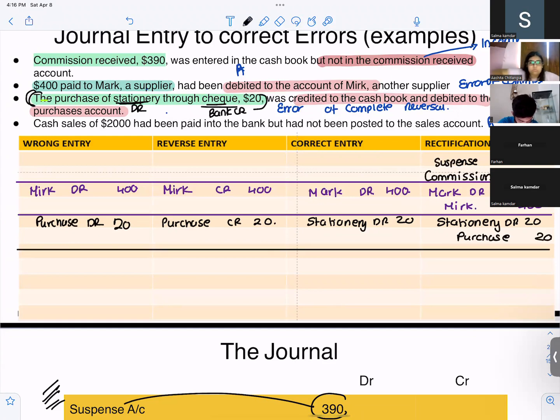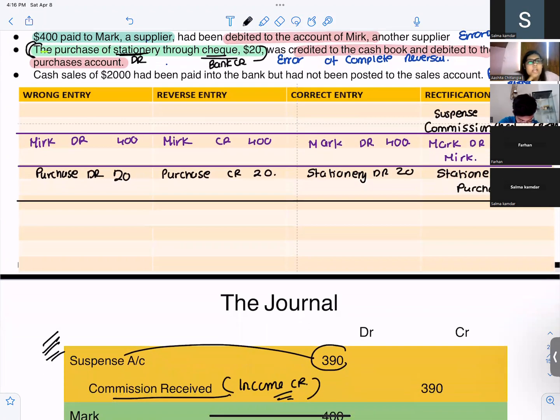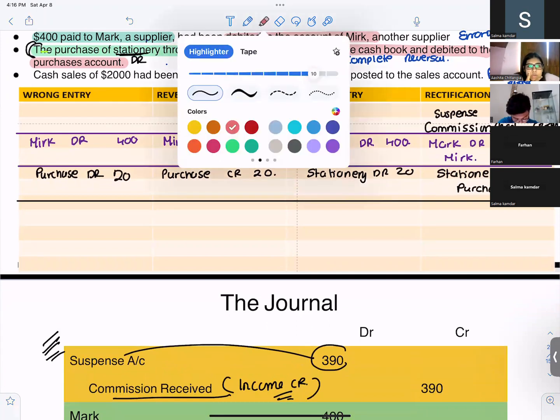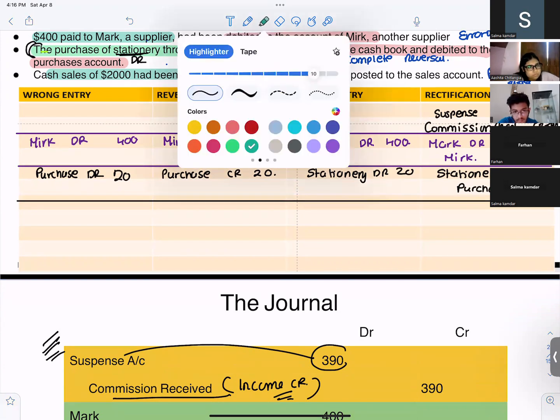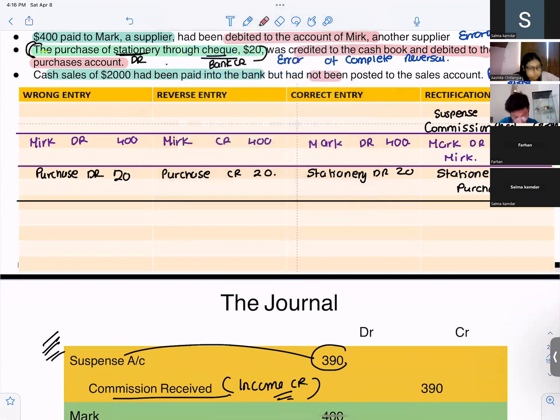Ashita, cash sales of 2000 had been paid into bank account but not been posted to the sales account. What is the wrong that you did? You did not post it into sales account.